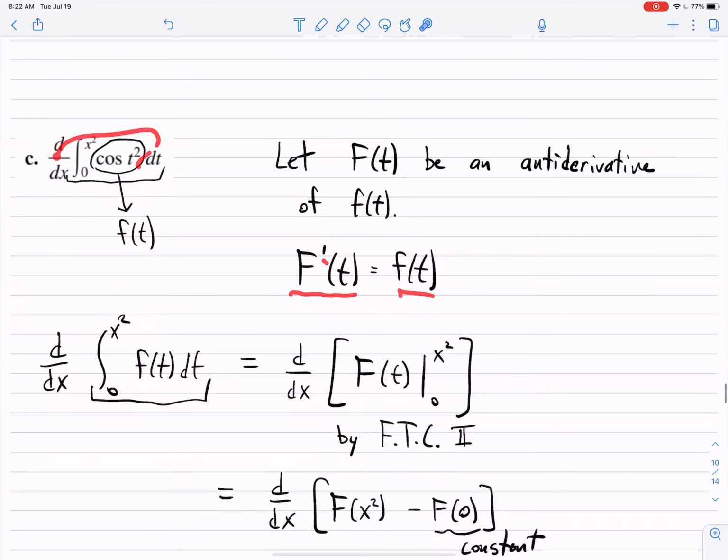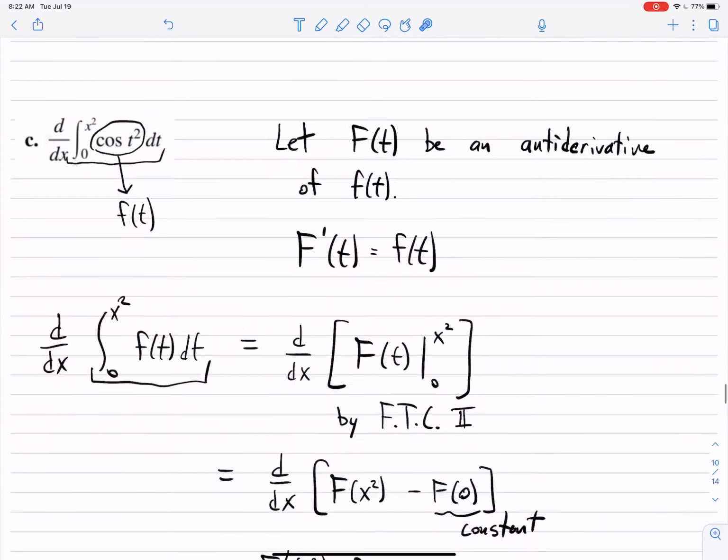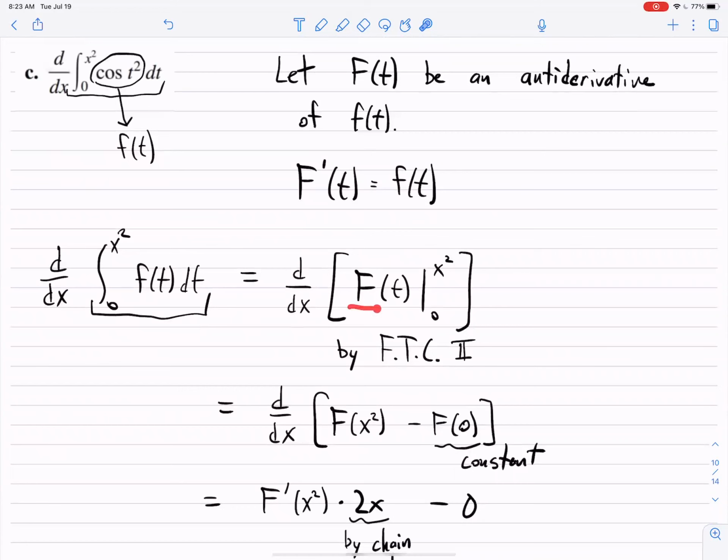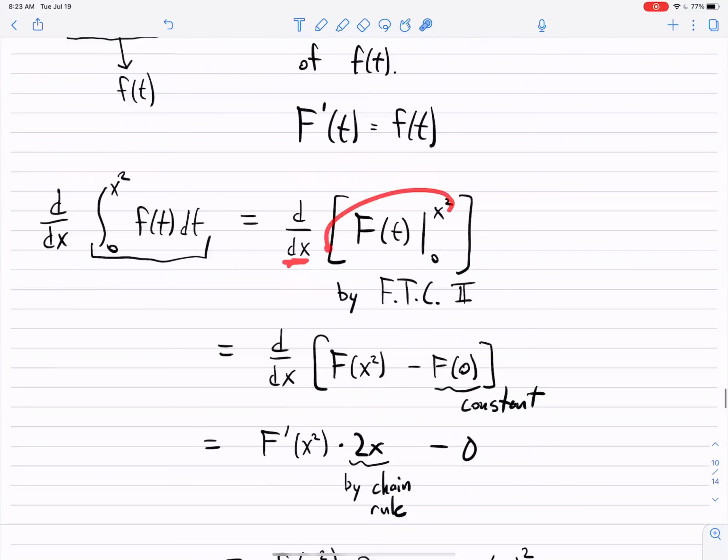Okay, so then taking the derivative of this, d dx of the integral from 0 to x squared of f of t, by the fundamental theorem of calculus part 2 is capital F of t evaluated at x squared and 0, but we're still taking the derivative of it. This is capital F of x squared minus capital F of 0. This is a constant. So if we take the derivative of it, we can take the derivative of these parts separately.